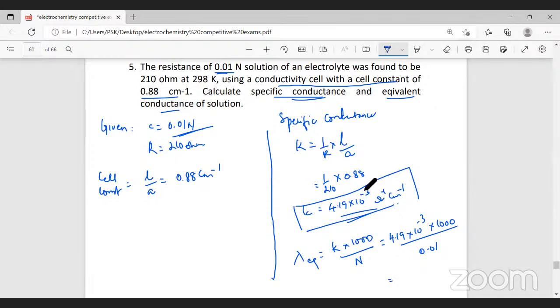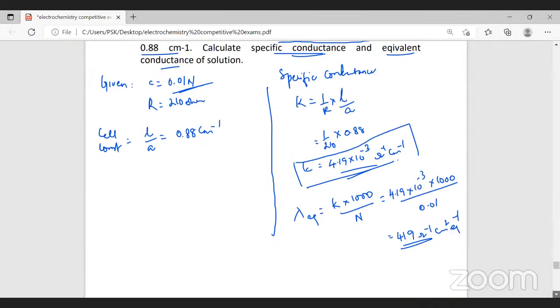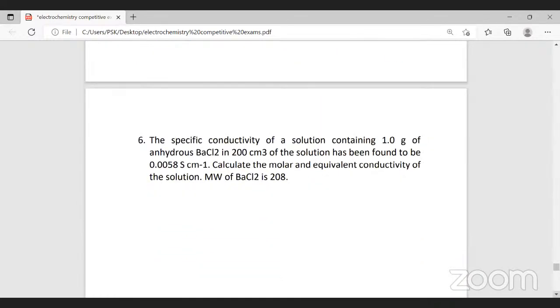On simplification, the answer we will get is 419 ohm inverse centimeter square per equivalent. So the equivalent conductance is 419 ohm inverse centimeter square per equivalent. Did you follow this? Yes, sir. These are the problems and formulas you please try to remember and follow up.